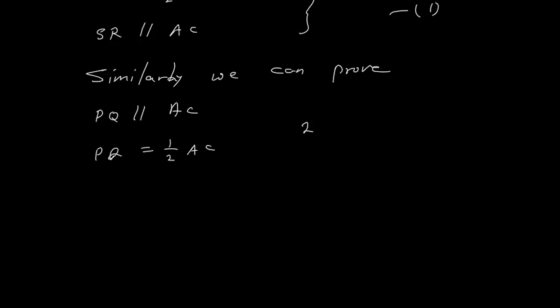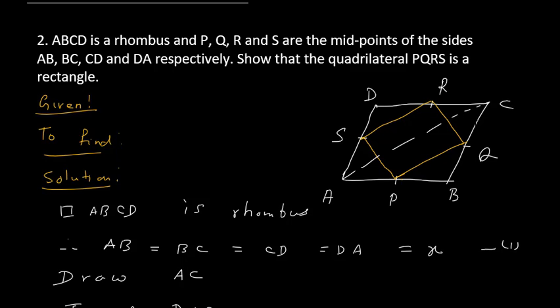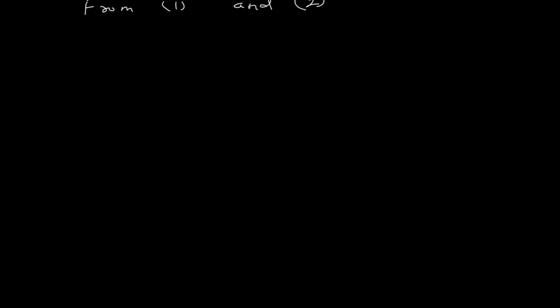Okay, this is your second equation. So from 1 and 2, you have SR equal to PQ, and SR is parallel to PQ. Therefore, this quadrilateral PQRS is a parallelogram.